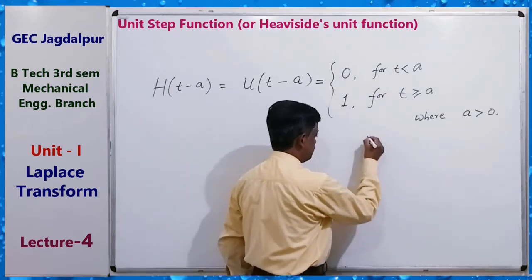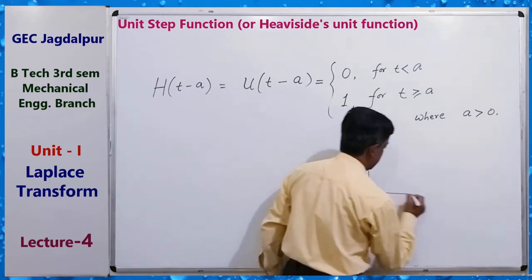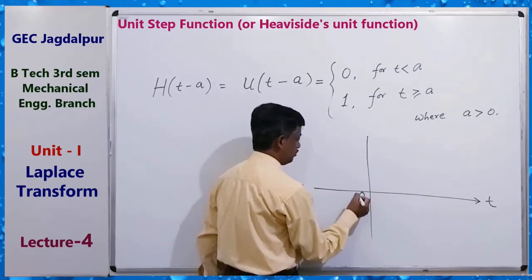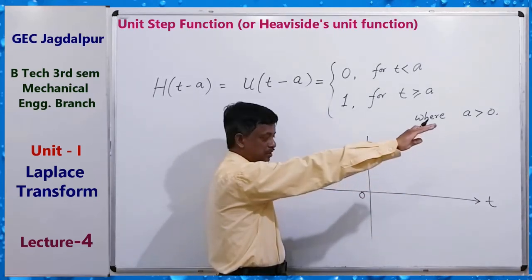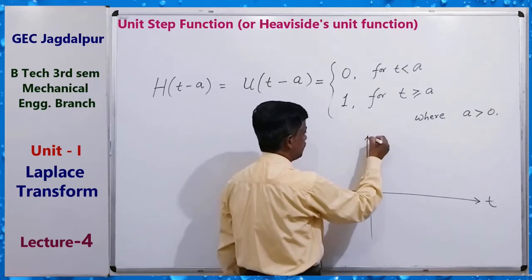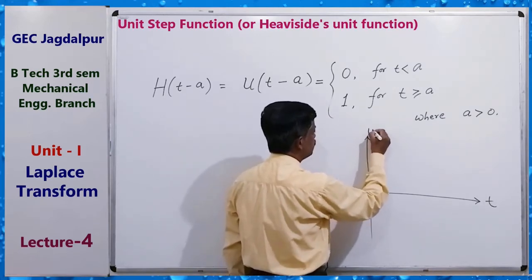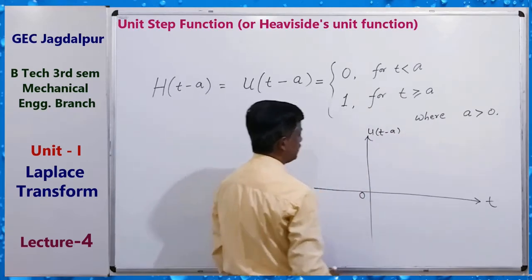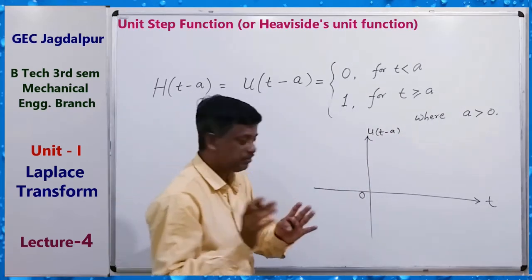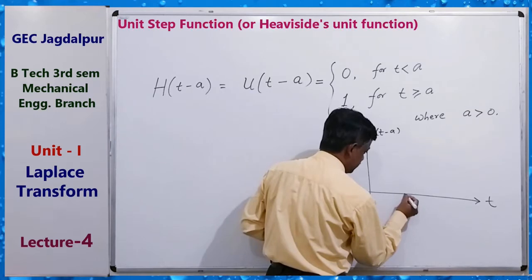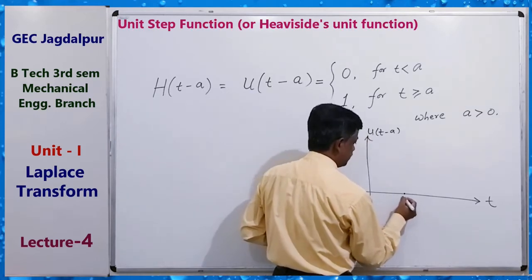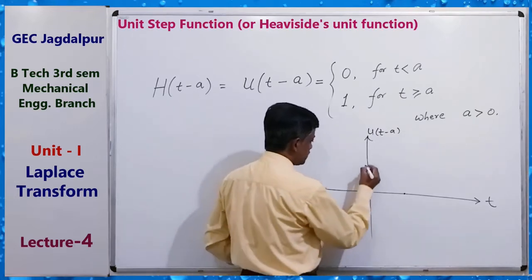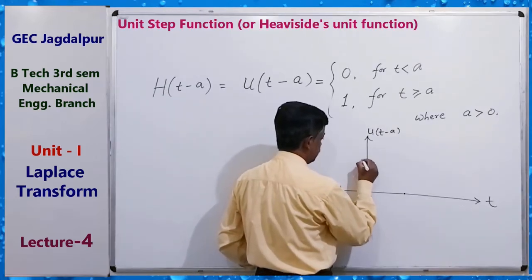We can represent this function graphically like this. Suppose along this axis is the value of t, and along this axis the value of the function u(t minus a). Then a is always positive, that means a is here, and this is a scale of length 1.